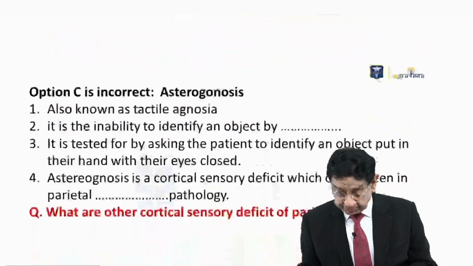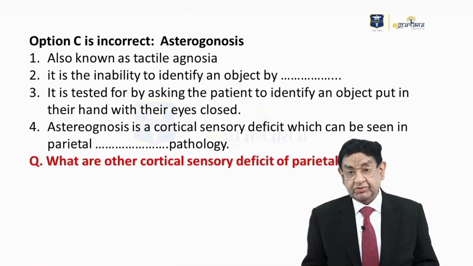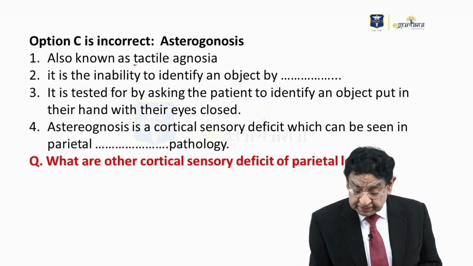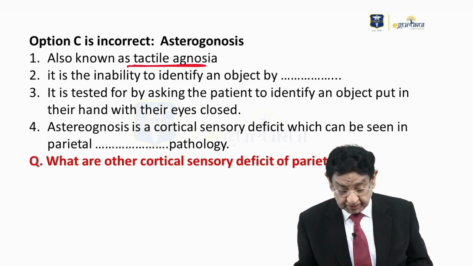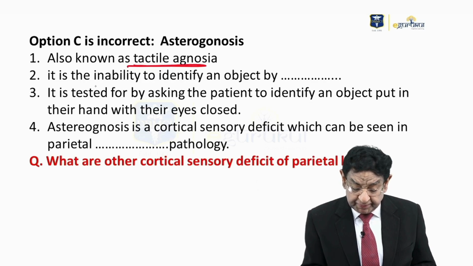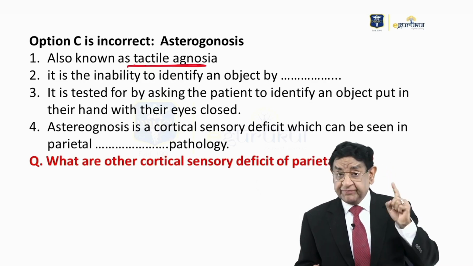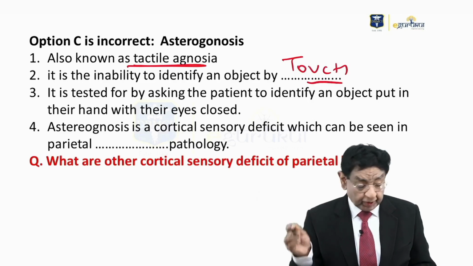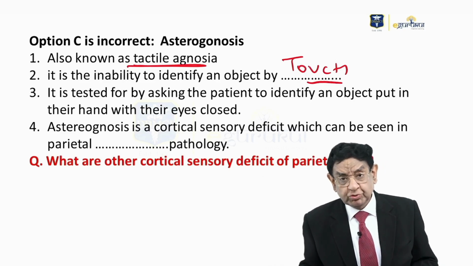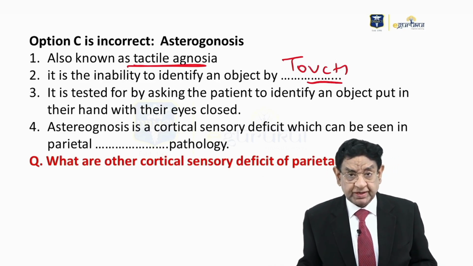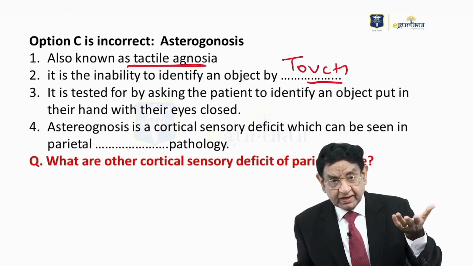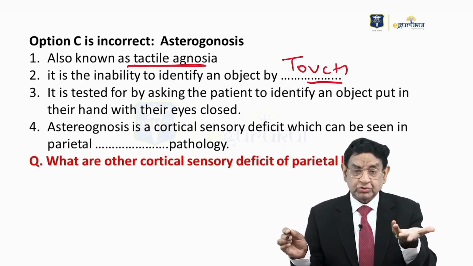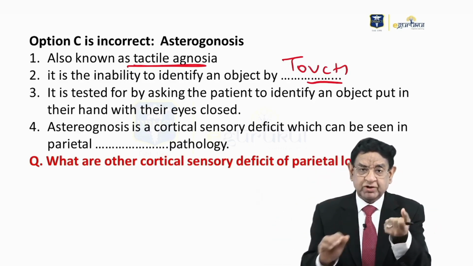Now look into stereognosis. What is this? It is also known as tactile agnosia, the inability to recognize or identify an object by touch. You must be having a pen in your hand. Now I ask you to close your eyes and keep your pen in your hand like this.